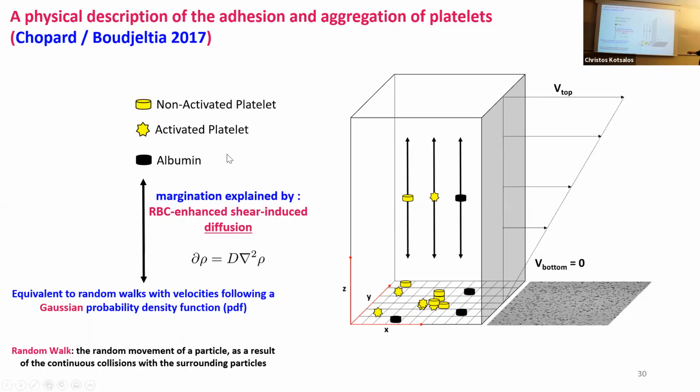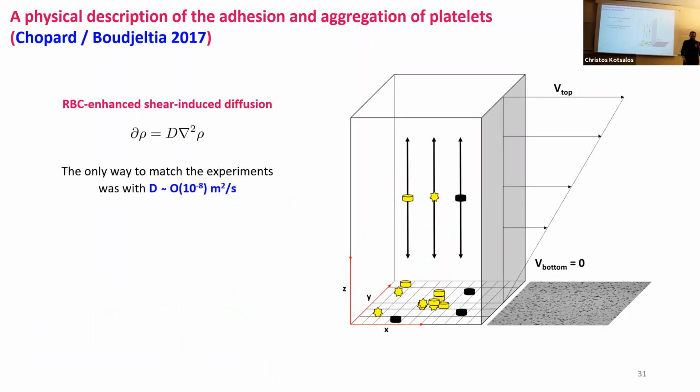If this platelet were performing a random walk, we could see something like this. It's moving around after colliding with the surrounding particles, and at some point it's going to go back to this.